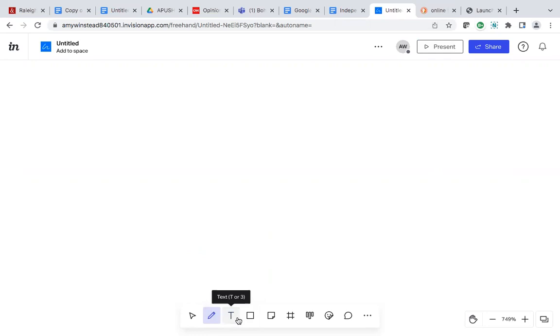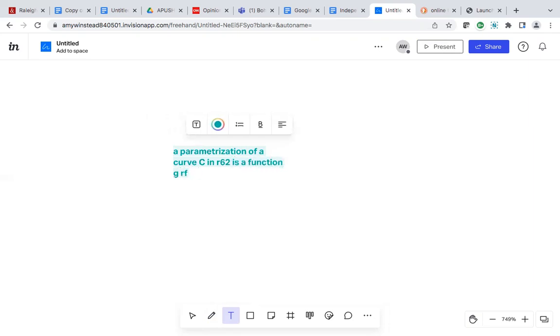Parametrization being, and in fact, I'll pull up the definition so that it's a little bit easier for us to jump into this problem. A parametrization of a curve C in R2 is a function g from R to R2 whose image is C, right?